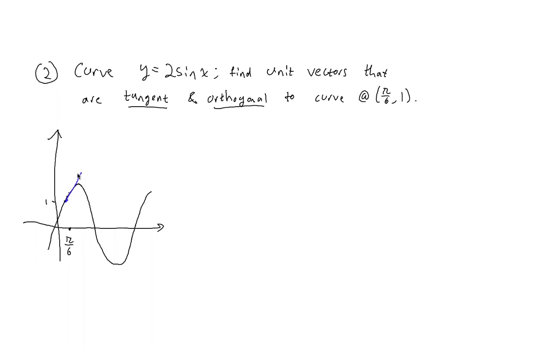The tangent vectors are going to look something like this, right? We know that the vectors that are tangent to that curve look something like this. And if we extend this onward, hopefully this looks like a bit of a familiar picture, right? That's the tangent line to that curve, the tangent line that we looked at in Calc 1.